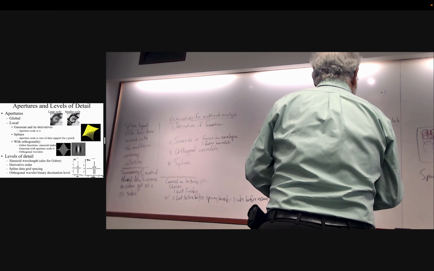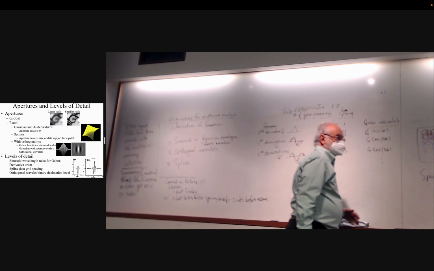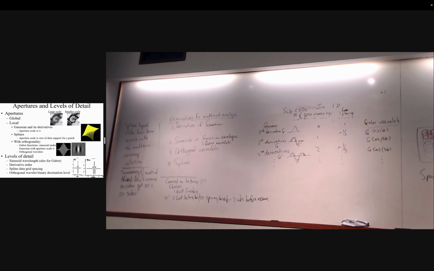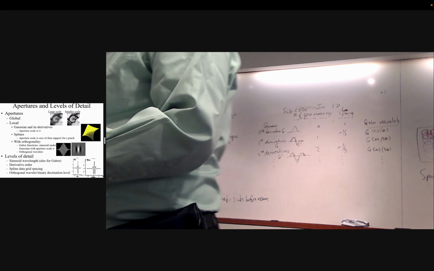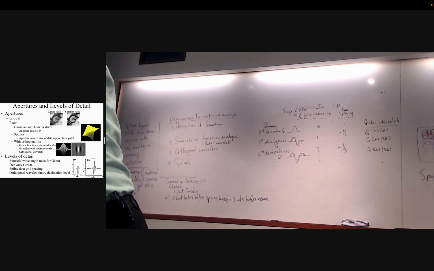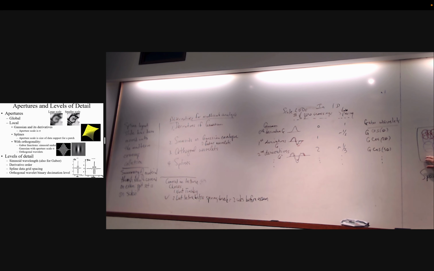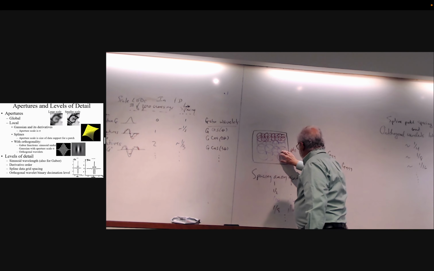We've been talking about the different levels of detail for a given aperture width. But I also suggested we're going to want to take various aperture widths, and corresponding to the different aperture widths, we're going to want different spacings of where we measure within those apertures. So over here in the blue, I've shown apertures of some width.